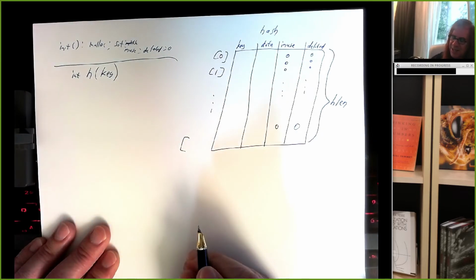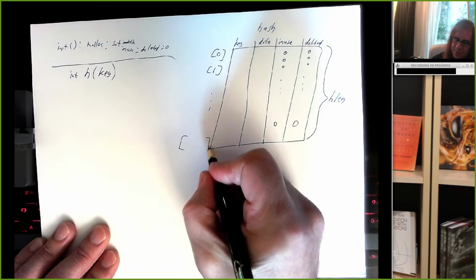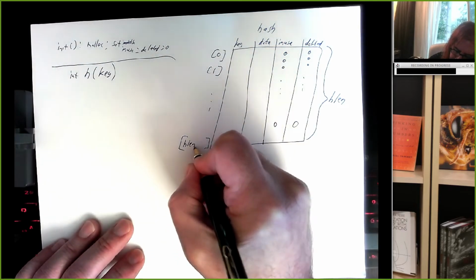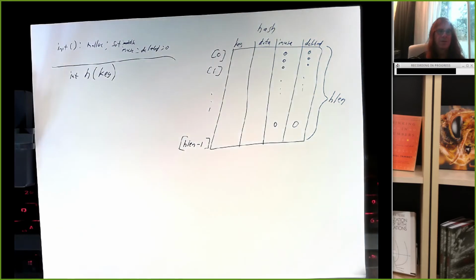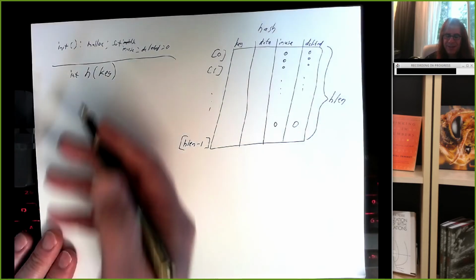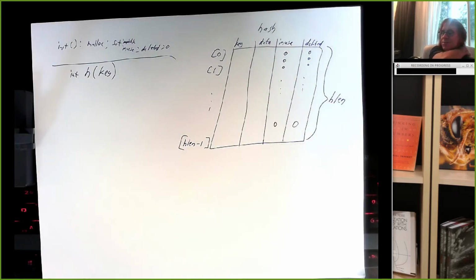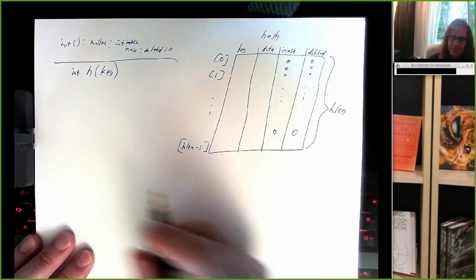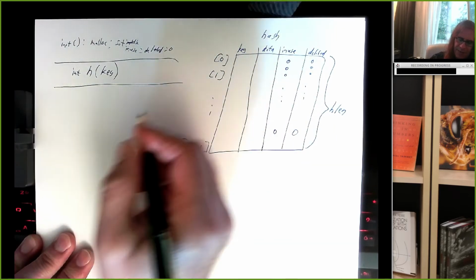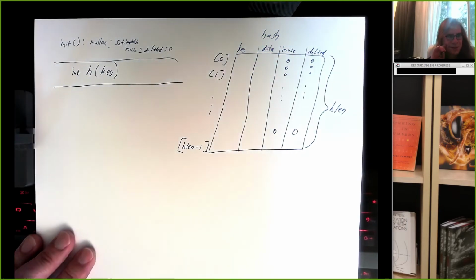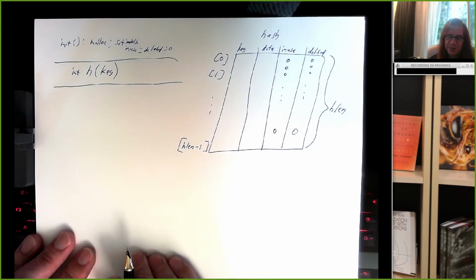So what's the index of the last element in our array? Element length minus 1. Yeah, so hlen minus 1. Good. And so we've got some hash function that we've already written or been given that takes a key and gives us an index between 0 and hash length minus 1. I'm not going to worry about what this function is. I just want to see how to use it to do put and fetch and traverse and delete.